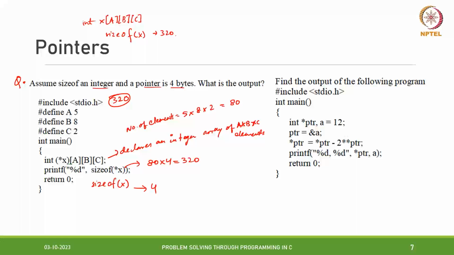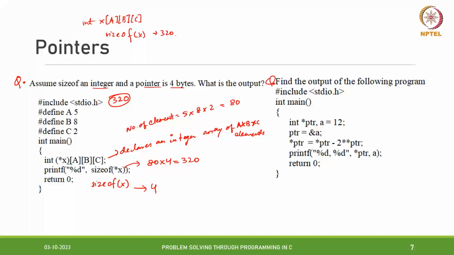Okay, right. The remaining questions are pretty straightforward. We are defining a pointer of type integer and a variable a set to 12. Then we are setting this pointer that we defined earlier to the address of a using this ampersand, the referencing operator.